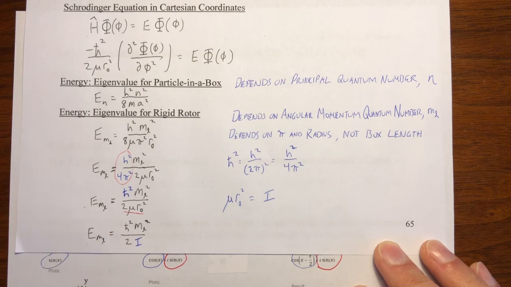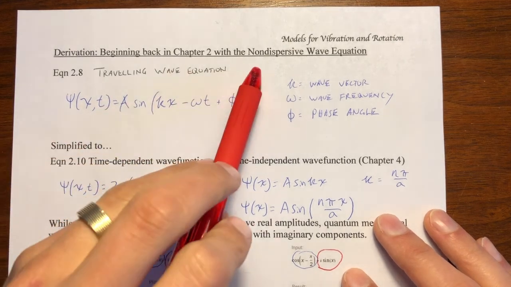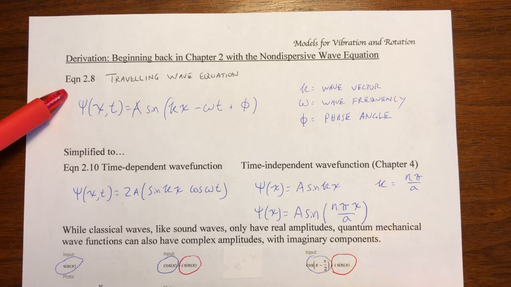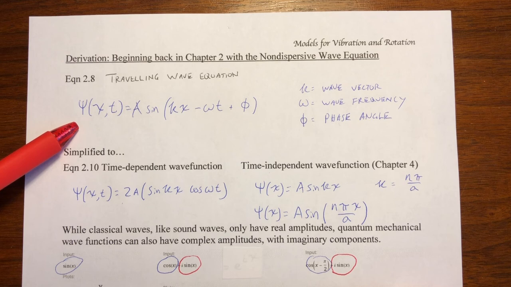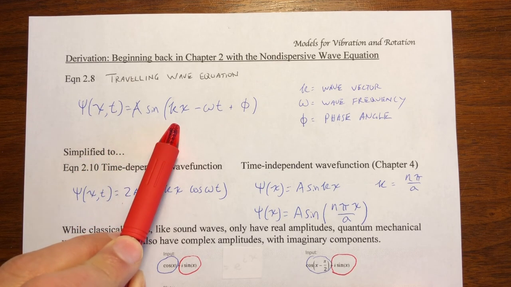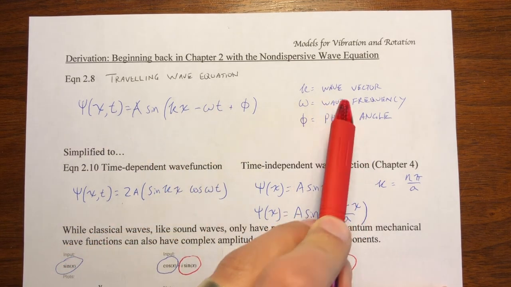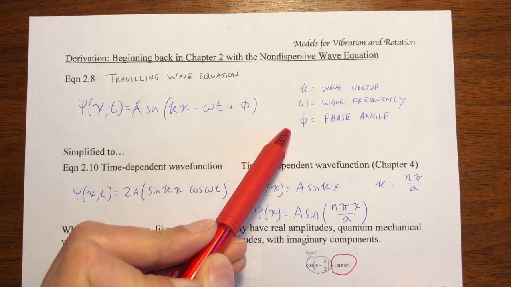a few new ideas. So to begin, we need to go back to chapter 2 with the non-dispersive wave equation. So this takes us back to equation 2.8, which is the traveling wave equation shown here, where we have wave function psi that's dependent on x and t, position and time, is equal to A sine of kx minus omega t plus phi, where k is our wave vector, omega is our wave frequency, and phi is our phase angle.